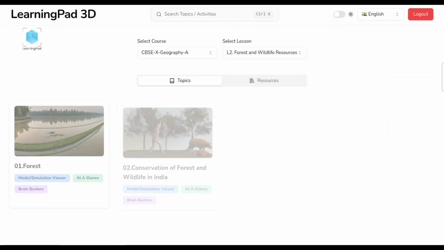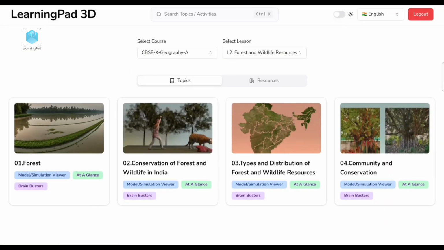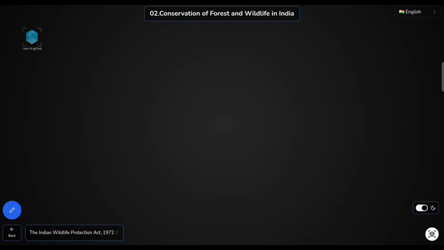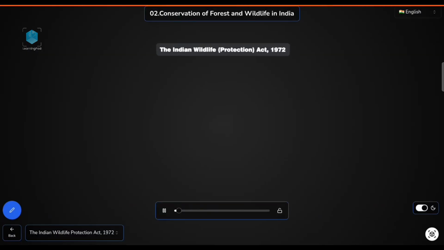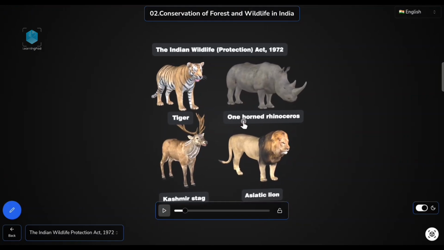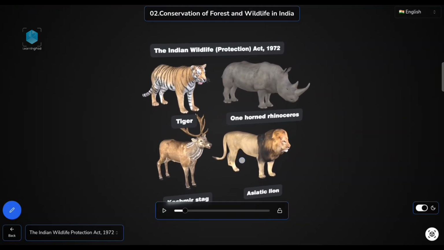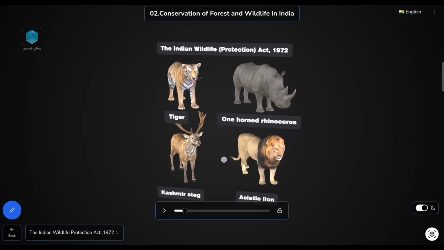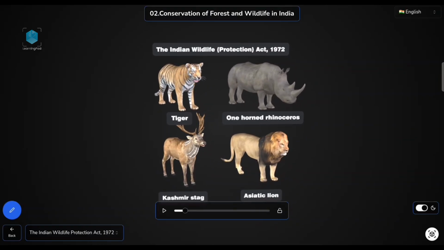Now we'll go back. Today we will be learning one more thing called conservation of forest and wildlife, as I just told you. Conservation means something we protect, which is there, we are going to protect it. As you can see on my screen, we have the Indian Wildlife Protection Act 1972.